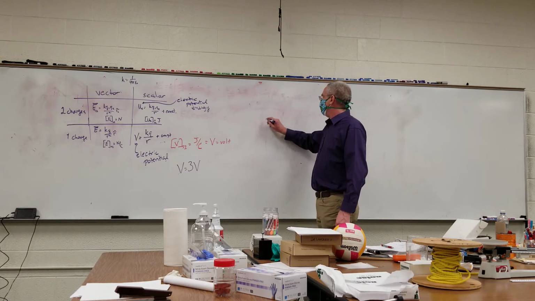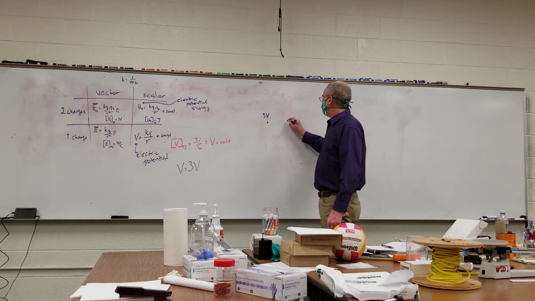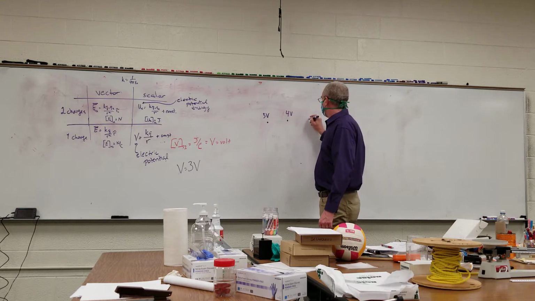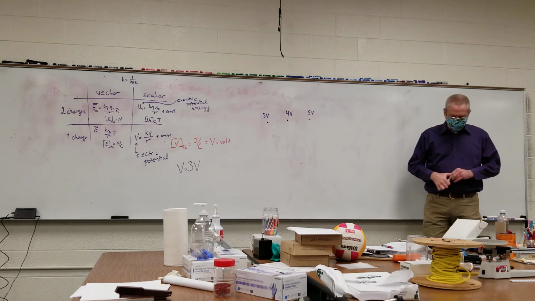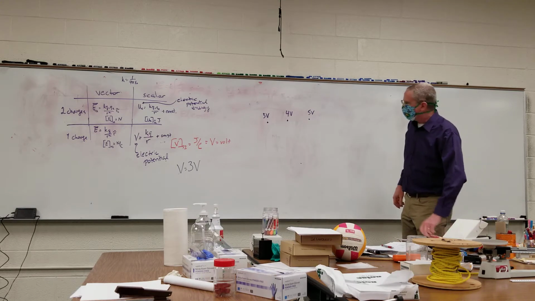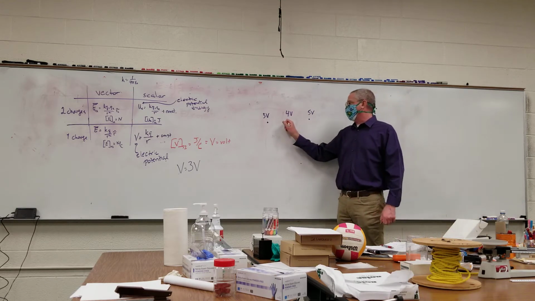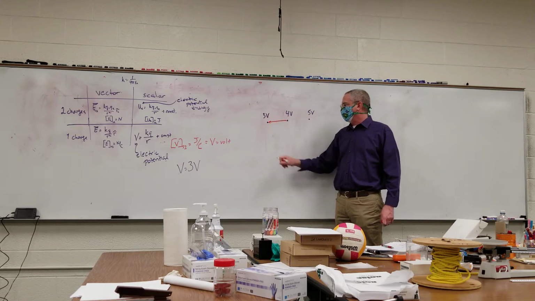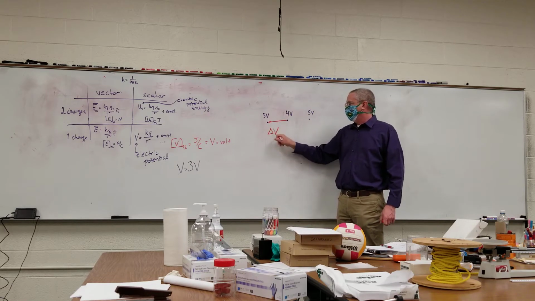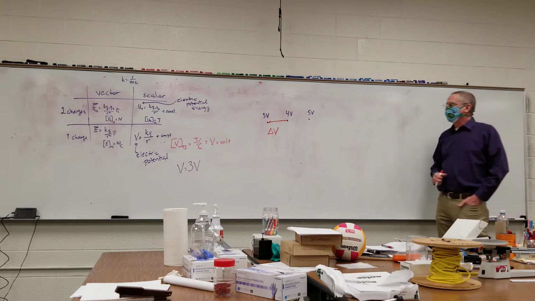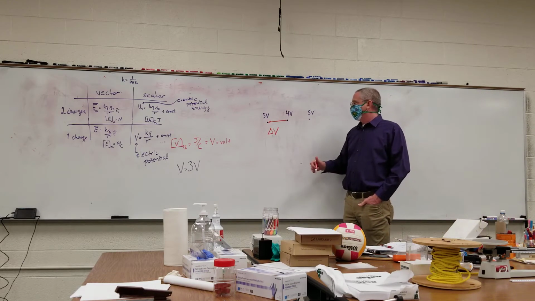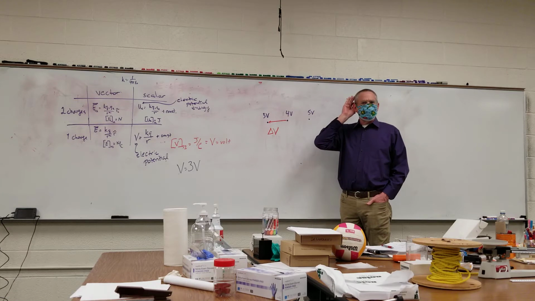So if I have a spot here that is 3 volts, a spot here that is 4 volts, and a spot here that is 5 volts, and I have a charge that starts at the 4 volt spot and goes to the 3 volt spot, what is the change in the electric potential? 1 volt? No, negative 1 volt.